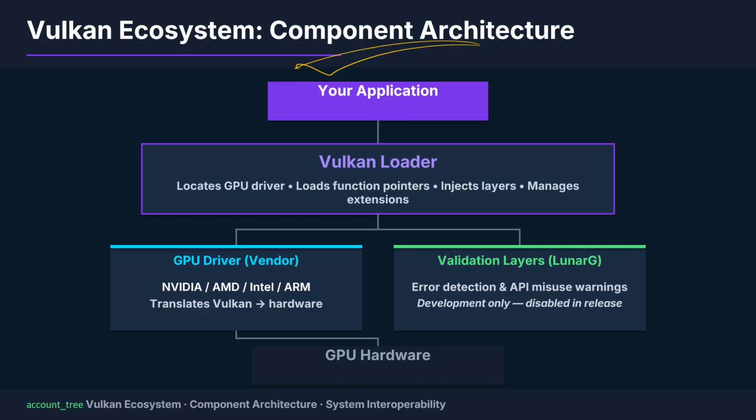The key insight here is that the loader is what makes Vulkan very much portable. The very first block that you will see is the Vulkan loader. The Vulkan loader is an interface between your application and the low level driver. So if you want your application to use Vulkan, you have to go through the Vulkan loader.